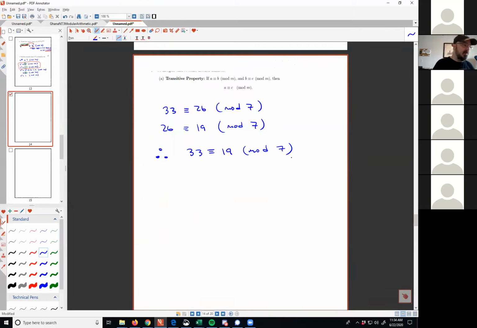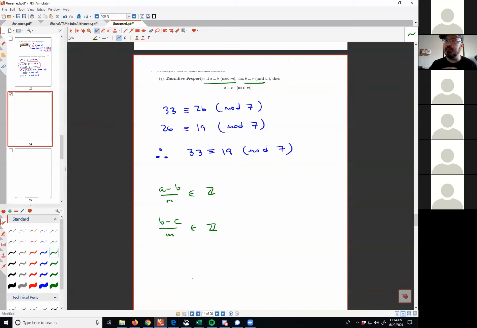A mathematician would say, if A is congruent to B modulo M, then A minus B divided by M is an integer. Then if B is congruent to C modulo M, then B minus C divided by M is an integer.